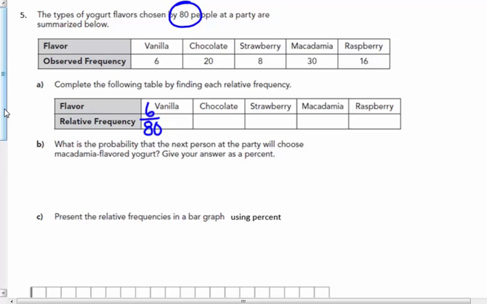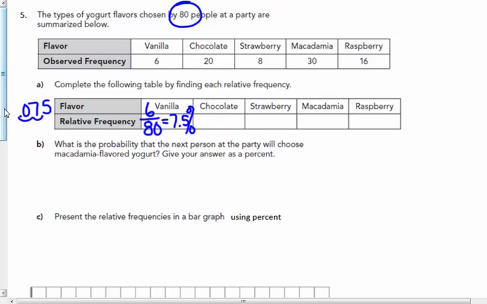So you changed it to the decimal, Lindsay, yes. 0.075. What percent is that? So if I have 0.075, what percent is it? 7.5%. Yes, very good.